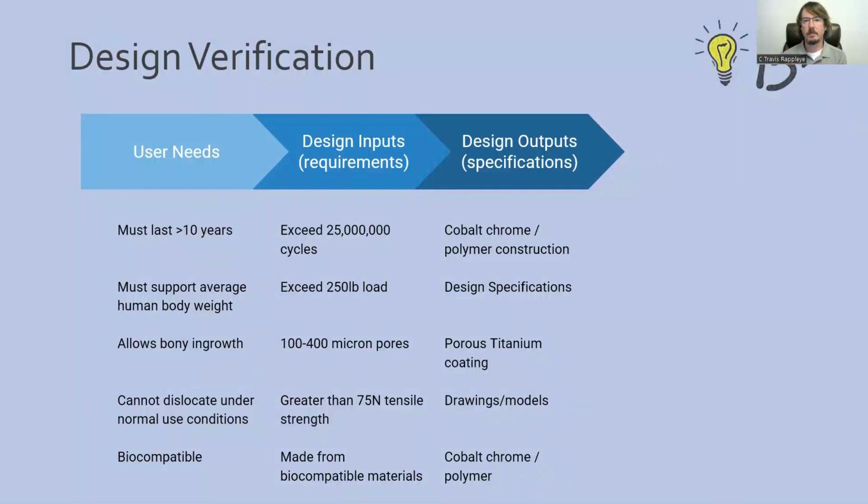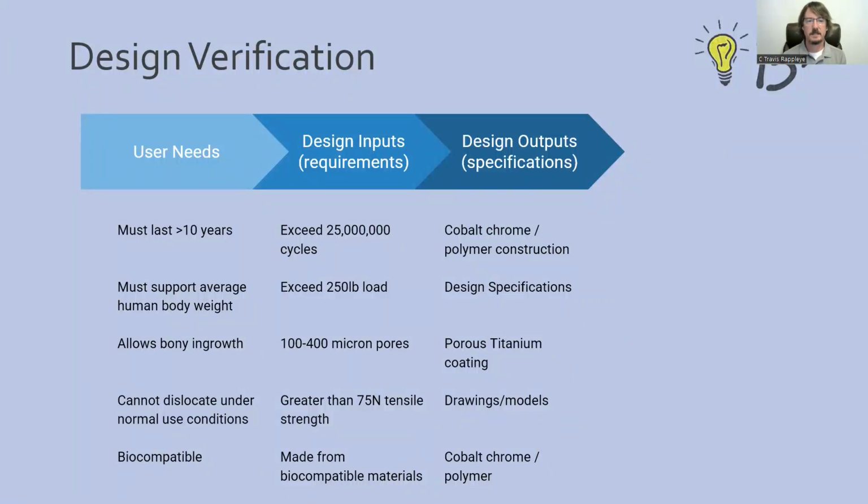We made the product out of cobalt chrome and polymer that are designed to exceed 25 million cycles. Same thing with design specifications and drawings to ensure that we have a product that exceeds 250 pounds of load. And on down the list, we've specified a certain porous titanium coating made by a certain process that's designed to ensure 100 to 400 micron pores throughout.